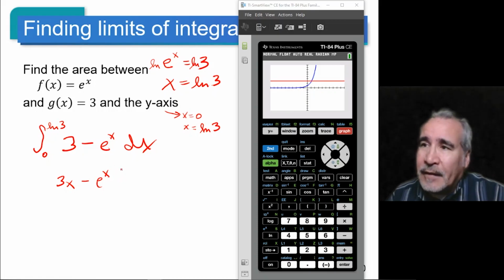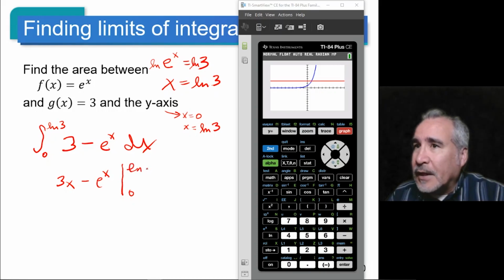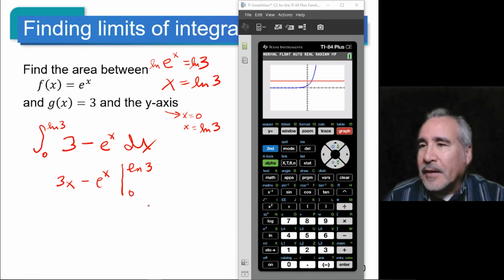You have to have memorized, internalized, simplified. Okay. So now we want to go from 0 to natural log of 3. Remember the way we do that, the top limit goes in first.